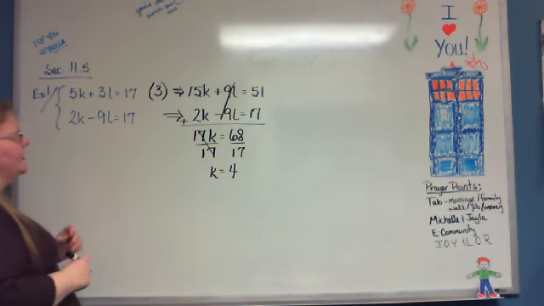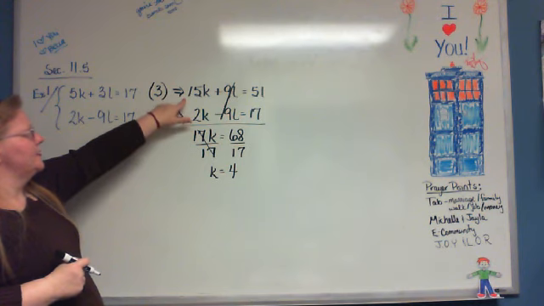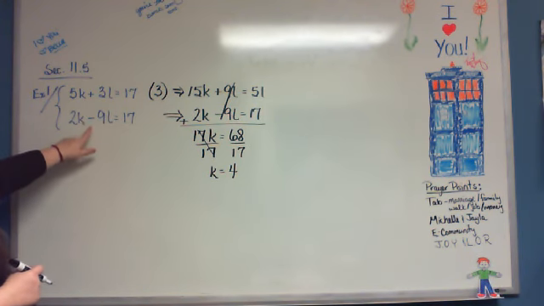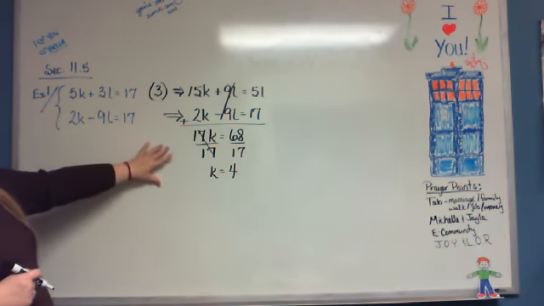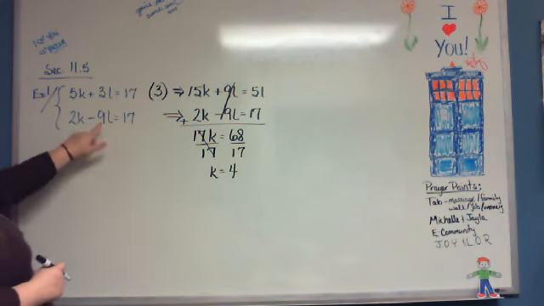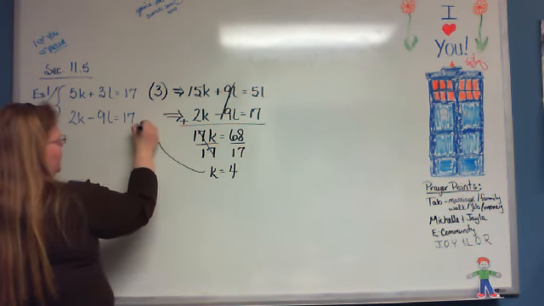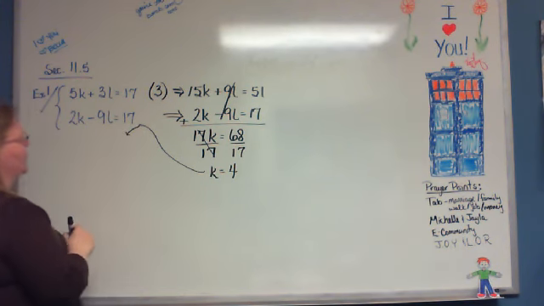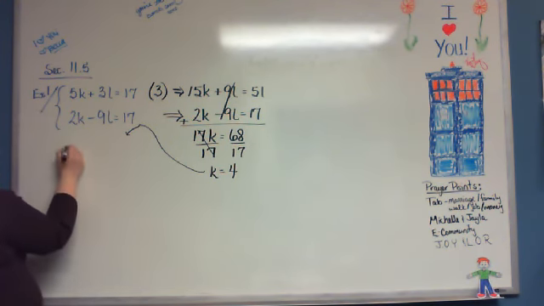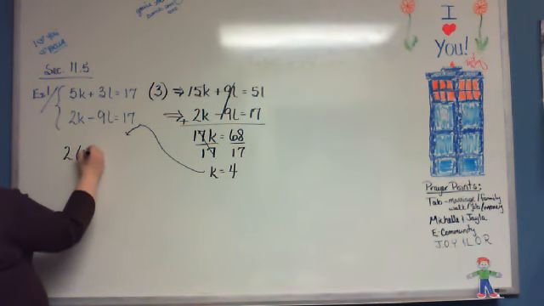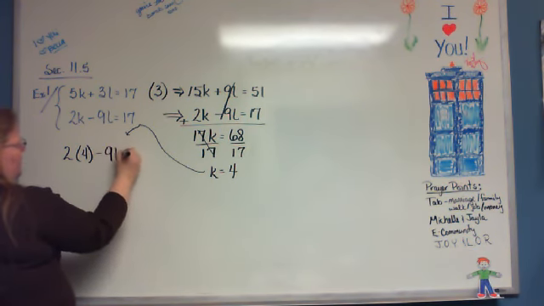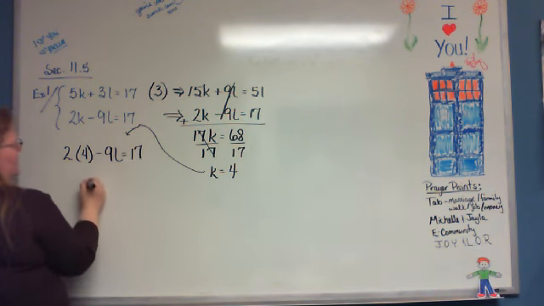Now that I know what k is, I can plug that back into this equation, or this equation. But I have some room down here, so I'm going to go ahead and do it into this one. Plus, it's going to give me slightly smaller numbers. So that's going to be 2 times 4 minus 9l equals 17.